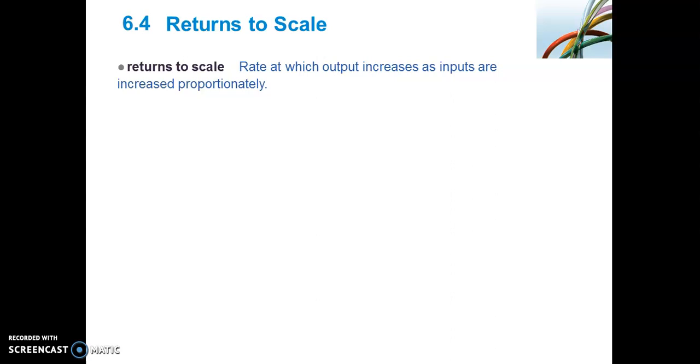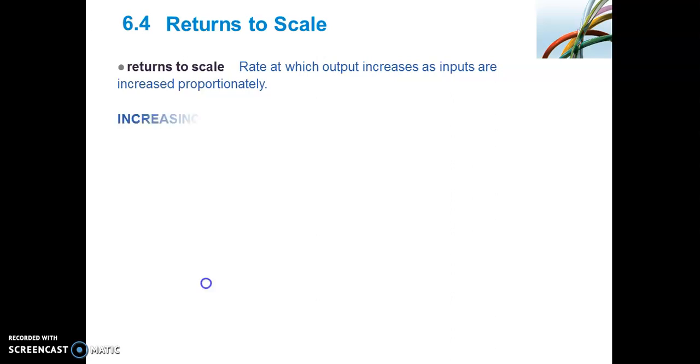It can be defined as the rate at which output increases as inputs are increased proportionately. So the rate at which output increases, so your output is your Q or your total production, as the inputs, and those inputs are your labor and capital, as those are increased proportionately.